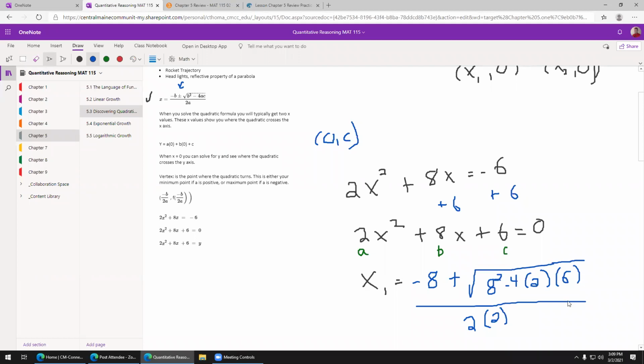Now, the next process is completely up to you. Most of you are going to solve this in steps because that's how you feel comfortable, right? However, you can just put this into a calculator all at once. If you want to do that, I add a parenthesis here and a parenthesis here to let my calculator know that all of that is in the numerator.